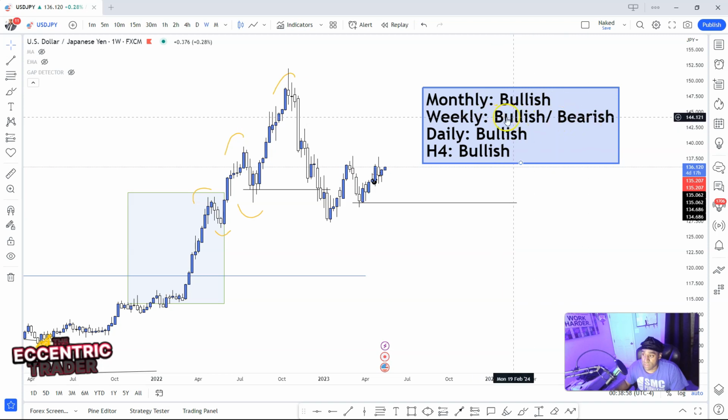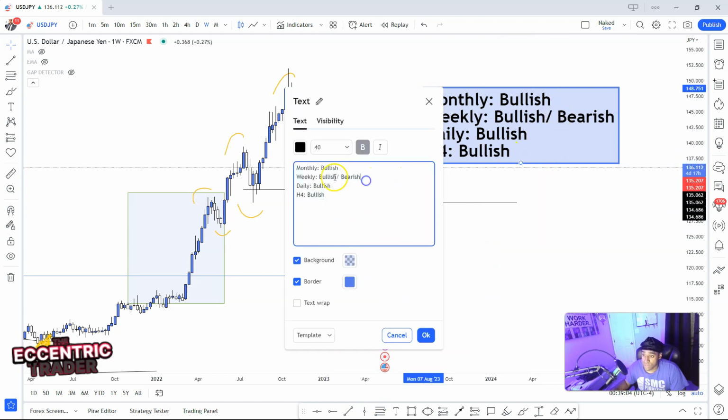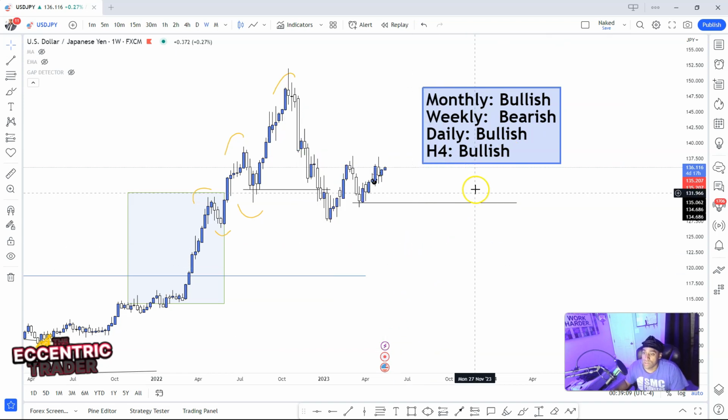I still want to keep it at bullish, bearish, only because, matter of fact, I'm just gonna put it bearish, right? So it's bearish because the last relative low that was broken was right here with these candles. Obviously, on a higher time frame, we know that this is a test. But when it comes to this specific time frame that we're on now, it's still a break. So technically, this is a break.